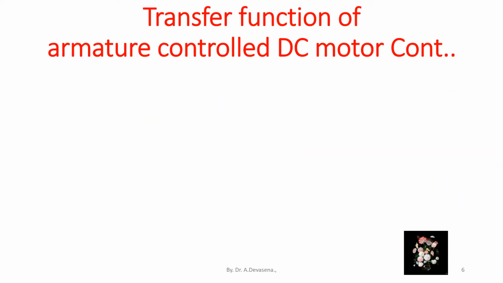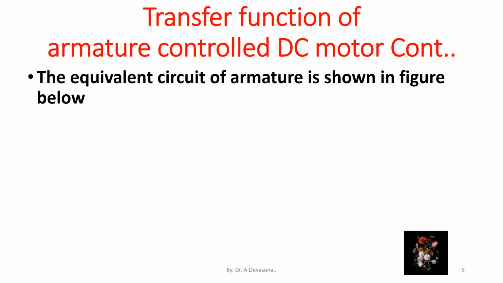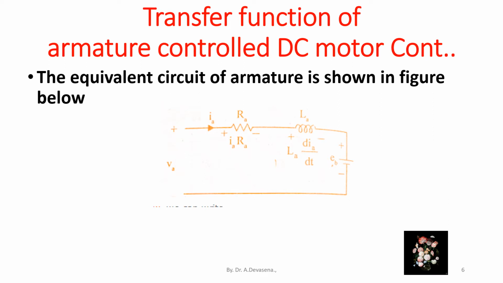The equivalent circuit of the armature is shown in the figure below. This is the representation for the armature portion of the DC motor. In this, the current I_A is flowing through the resistance R_A, the inductance L_A and the back EMF. The voltage V_A is applied between these two points.